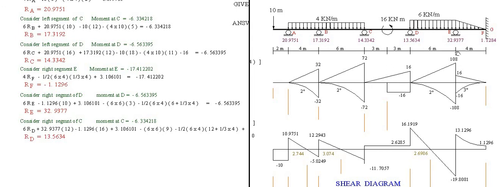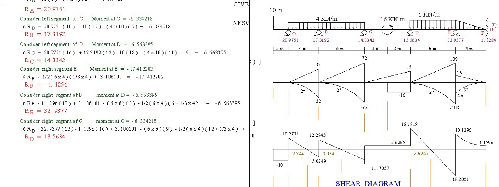Then minus reaction at F, minus 1.1296 times distance from C, 10 and 6 is 16.